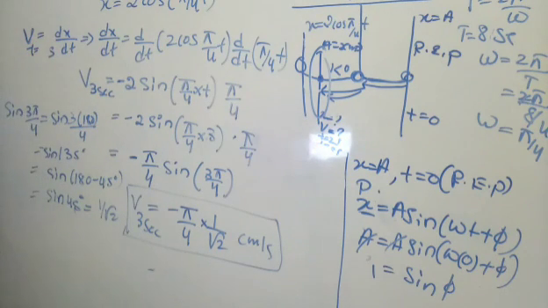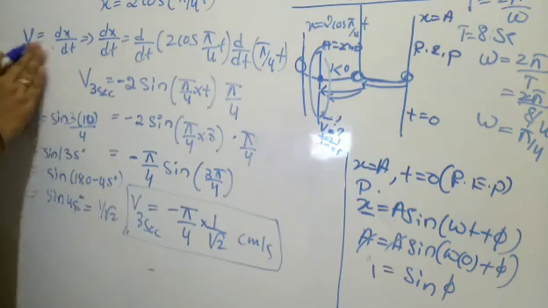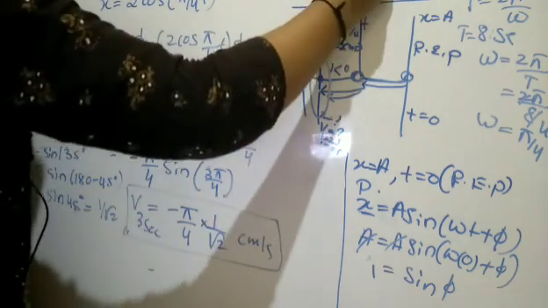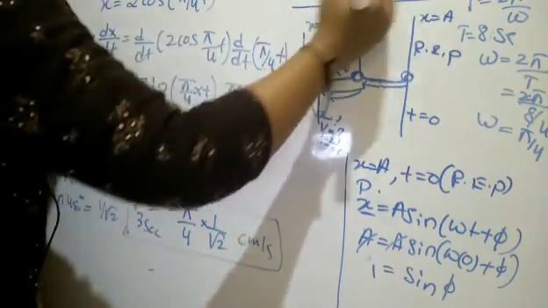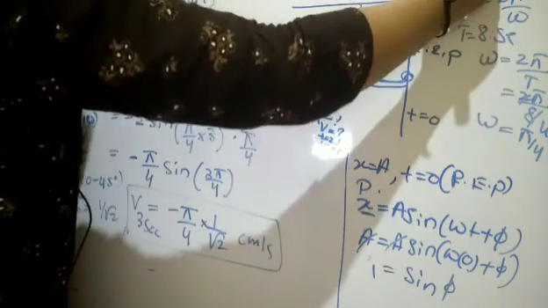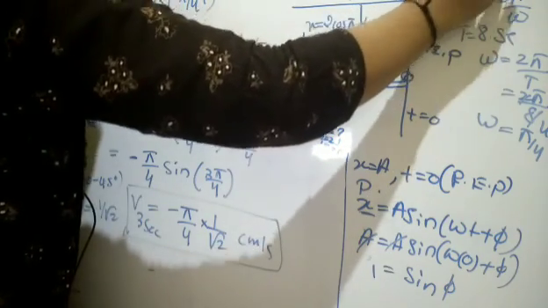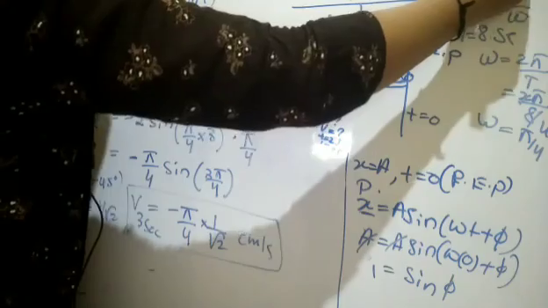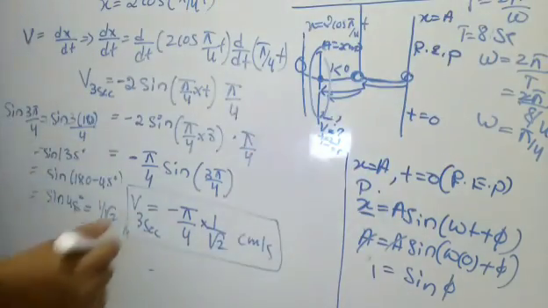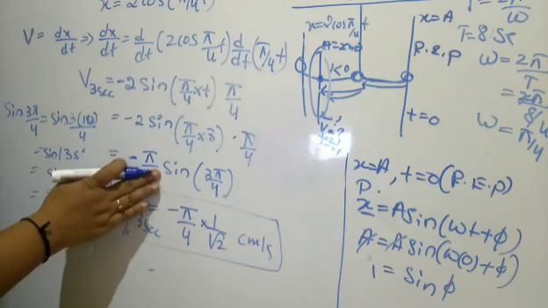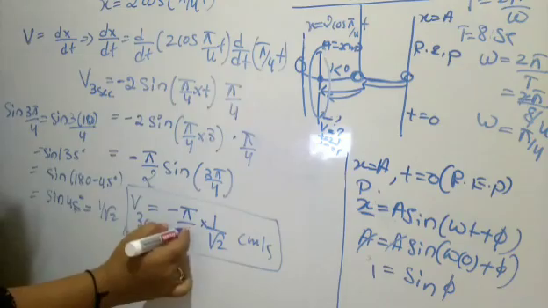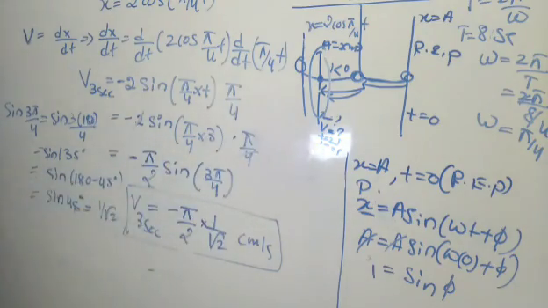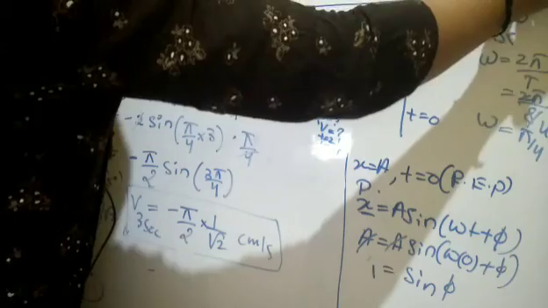We got minus pi by 2 centimeter per second, and velocity at 3 seconds, we got pi by 2 into 1 by root 2 centimeter per second, because 2 ones are 2, 2 twos are 4.